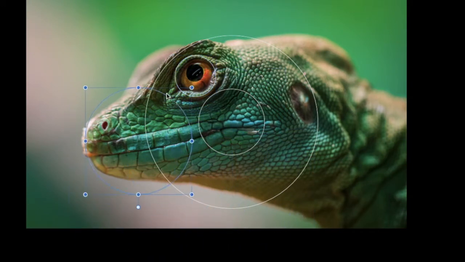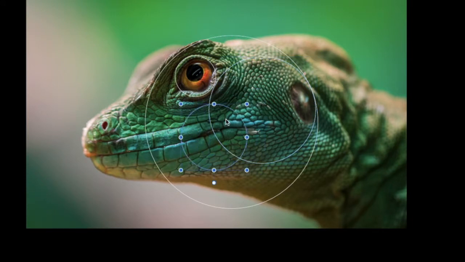And this one is basically from the eye to the front. Oh, it's joining that ear to the eye. I see. And then this one is doing this one. Somehow.